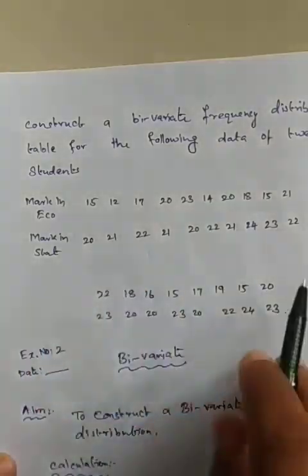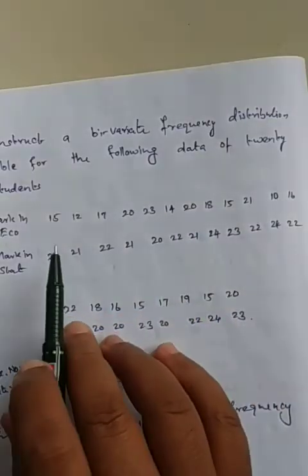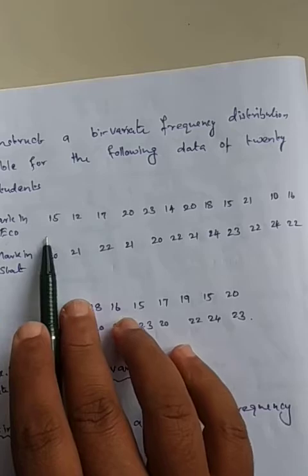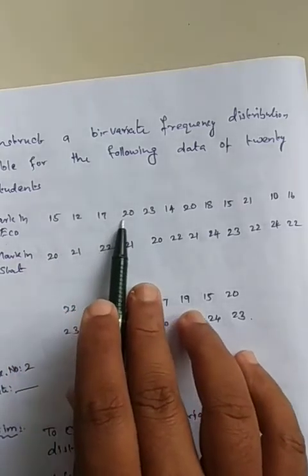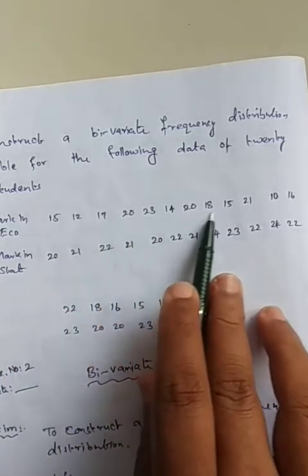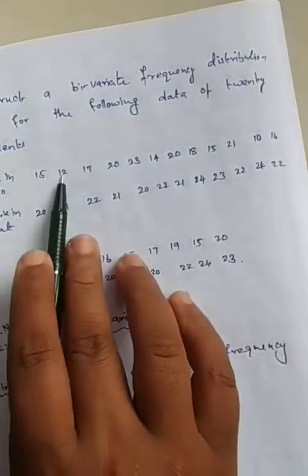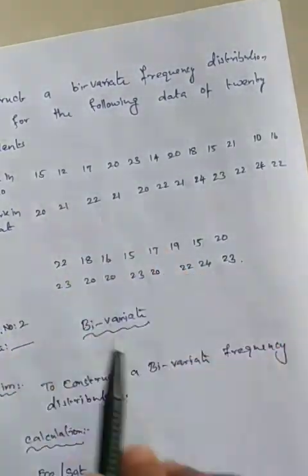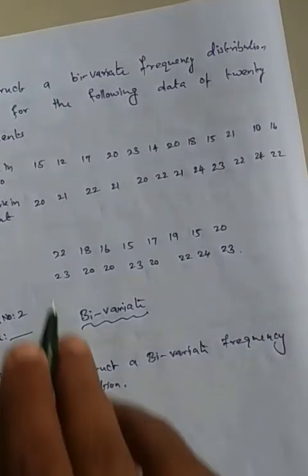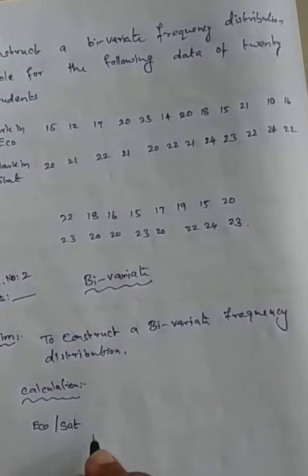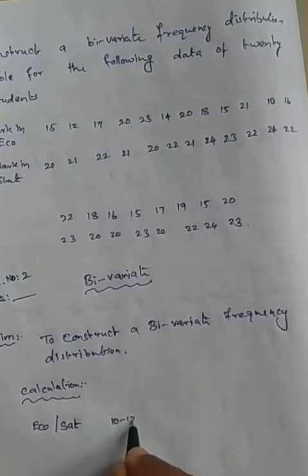Now look at the marks, it is very important. See the maximum and minimum here. 12 is the minimum, 23 is the maximum. Here also the same. Take the lowest one, so 10 to 12.